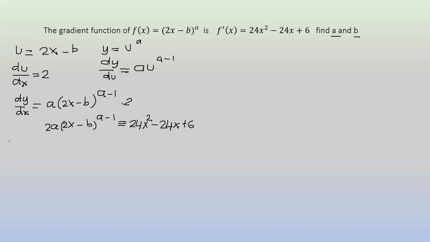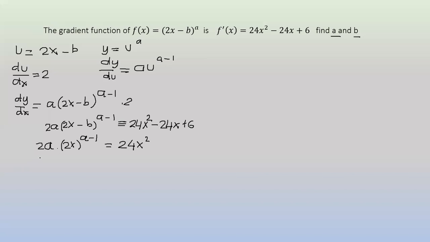So based on equating coefficients, we may identify the coefficient of x squared. Okay, it becomes 2a times (2x) to the power a minus 1 equals 24x squared, like this.